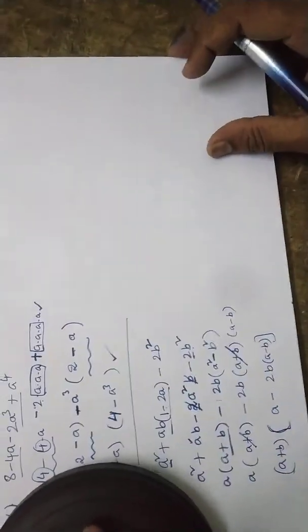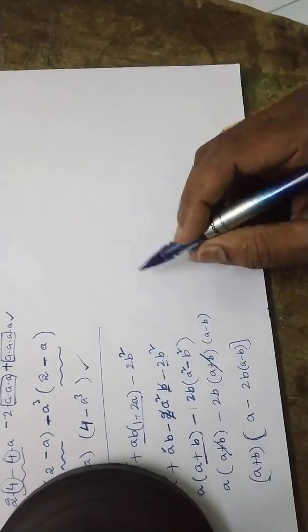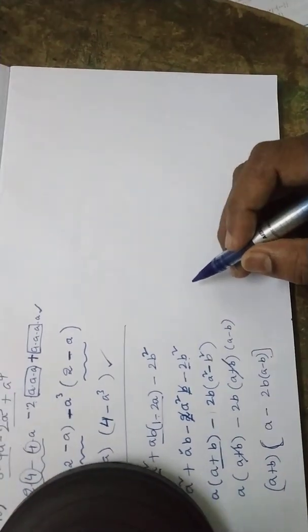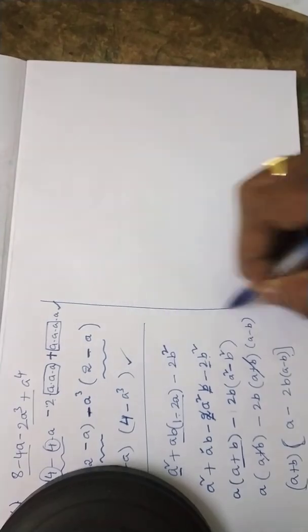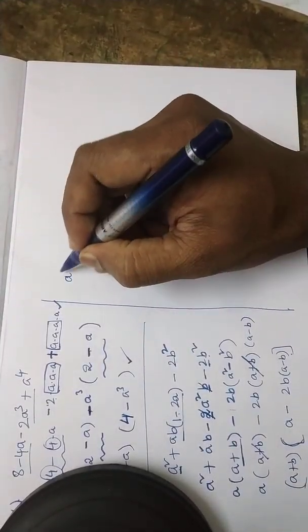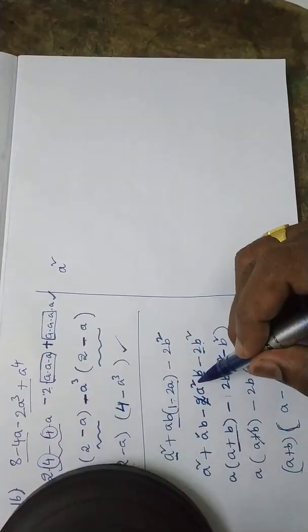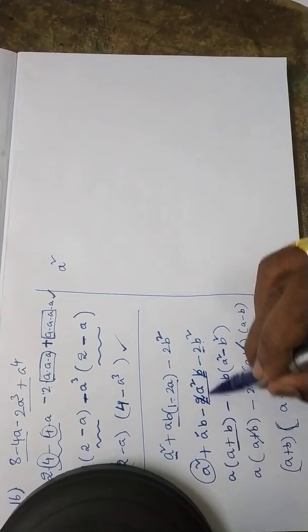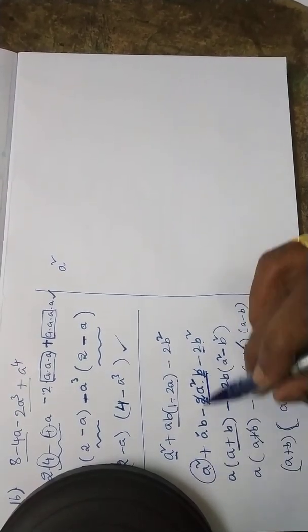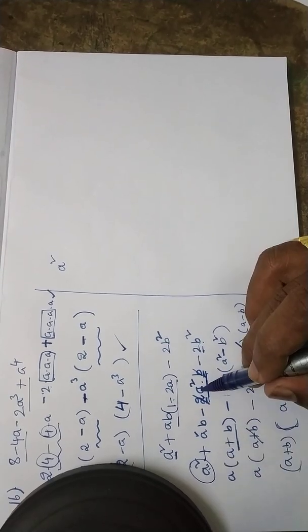Okay, otherwise what is the other way? Let us regroup. Okay, let's regroup. So a square, I'm just combining a square with this one, because you found you have a square here.